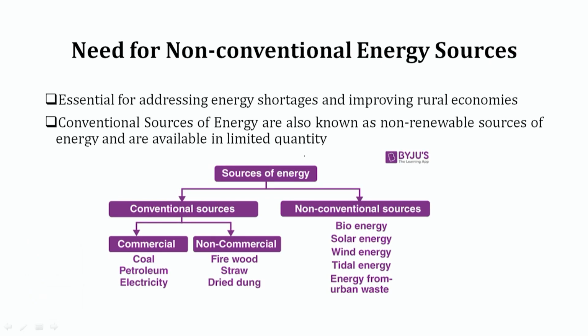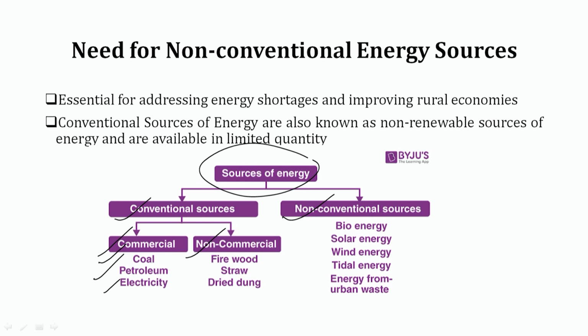Here we see that we have two kinds of energy resources. The first one is conventional and the second one is non-conventional resources of energy. If we talk about the conventional sources of energy, then we see two bifurcations, commercial and non-commercial. Under the commercial one, which we are actually dependent upon right now, this covers coal, petroleum and electricity.